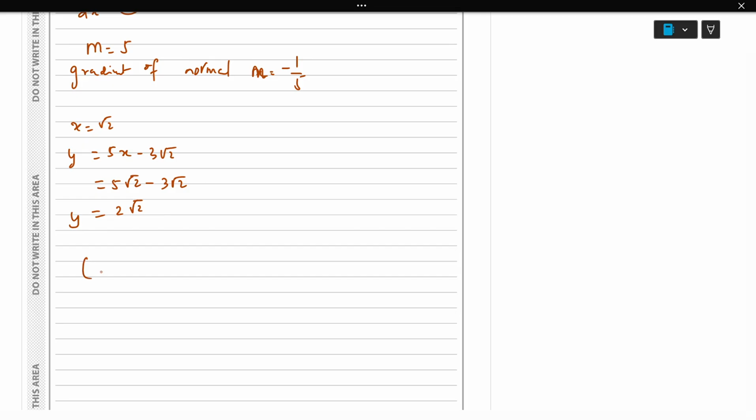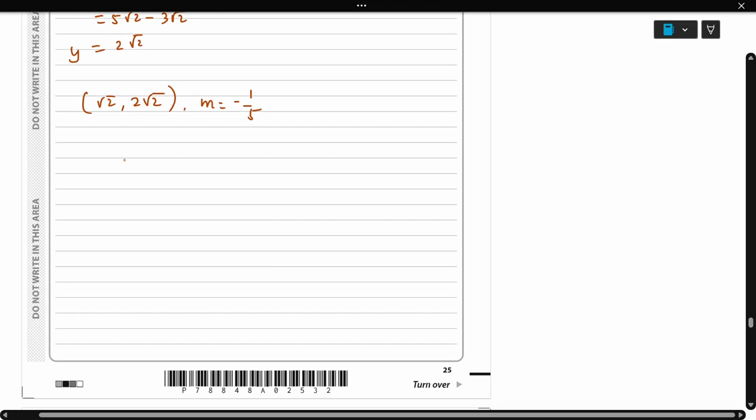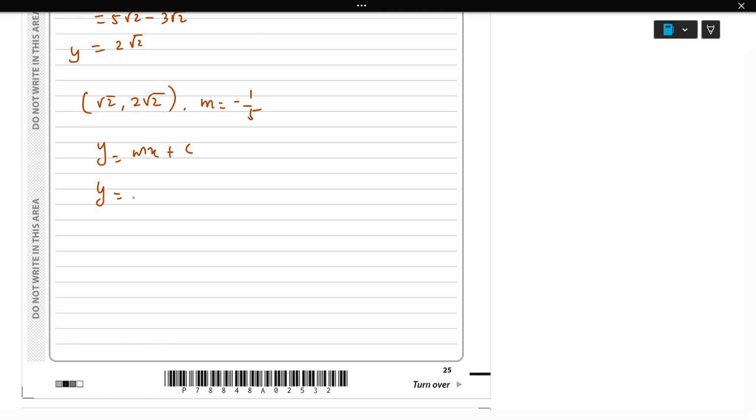So we know the coordinate is root 2 comma 2 root 2, and the gradient is negative 1 over 5. We can find the line equation y equals mx plus c, so y equals negative 1 over 5 x plus c.